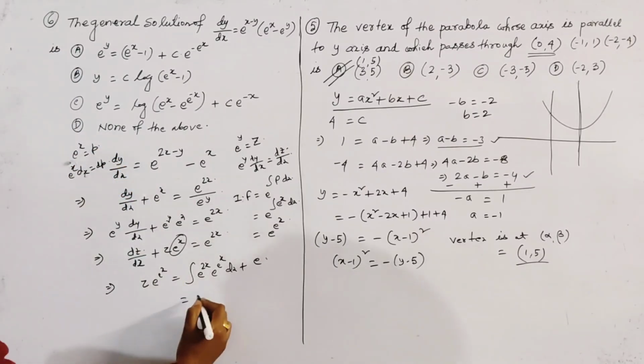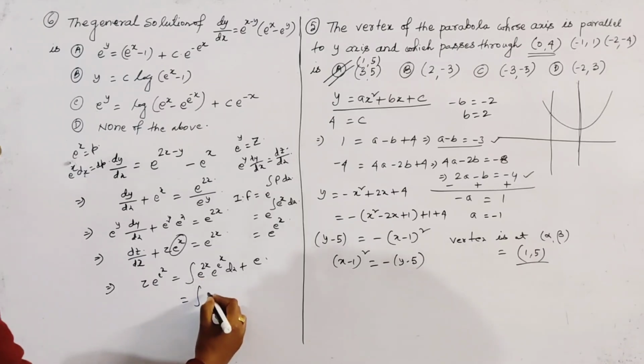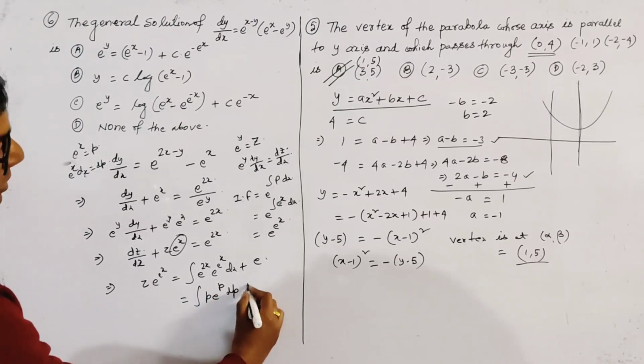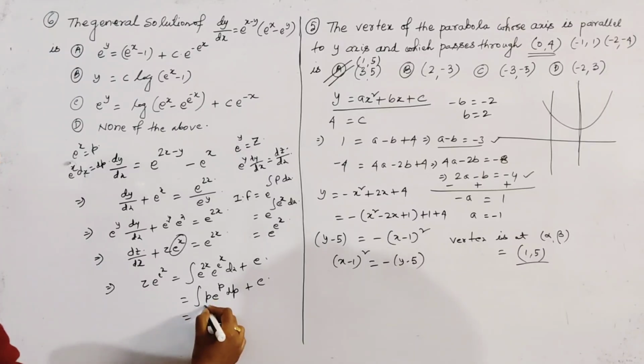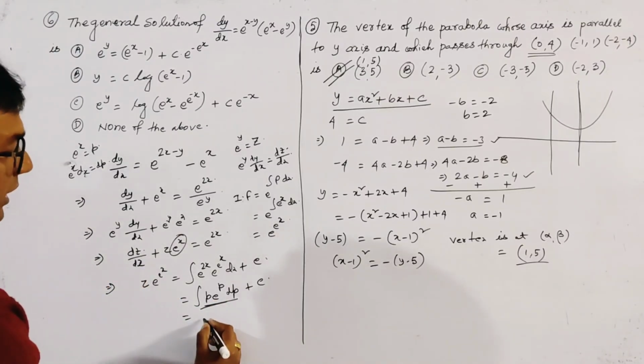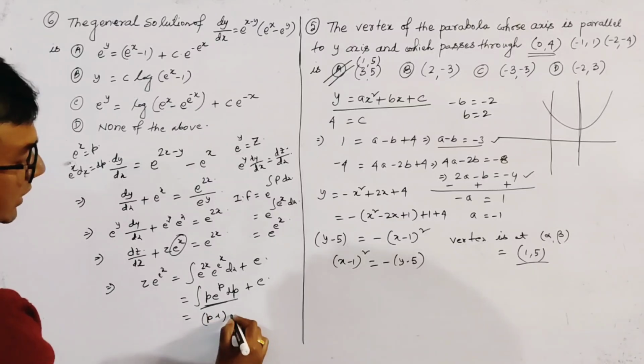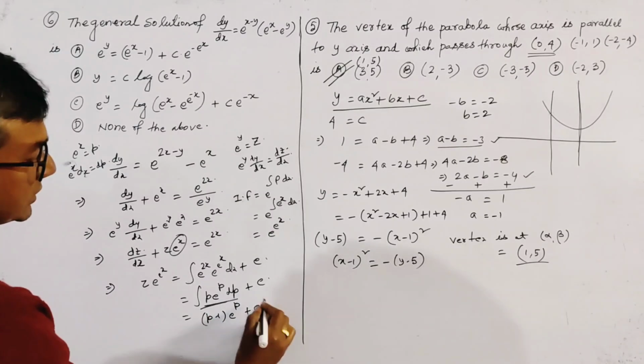The integration on the right hand side is given by integration of p e to the power p dp plus c, and integrating by parts, we get (p minus 1) into e to the power p plus c.